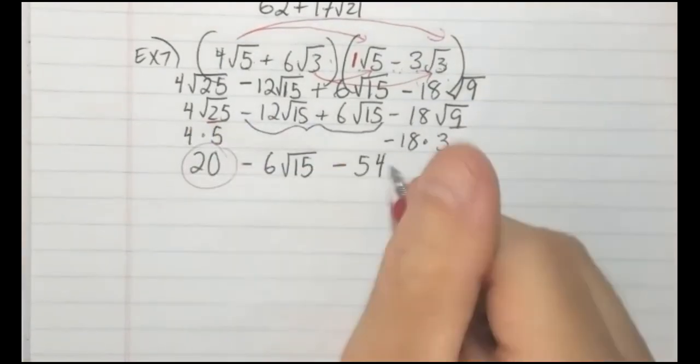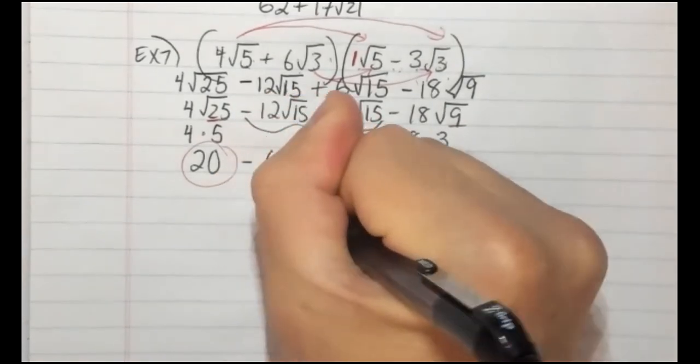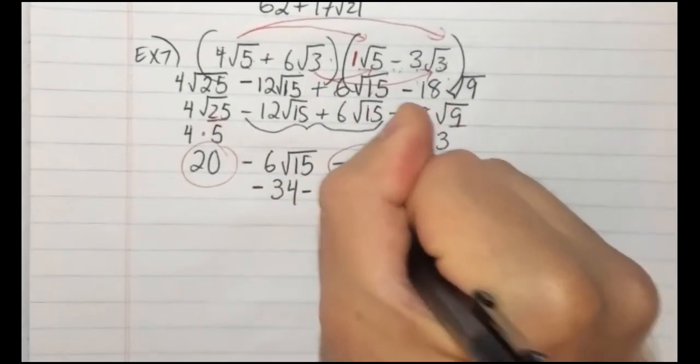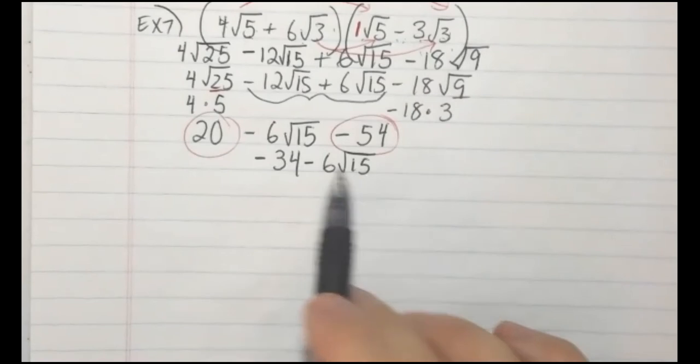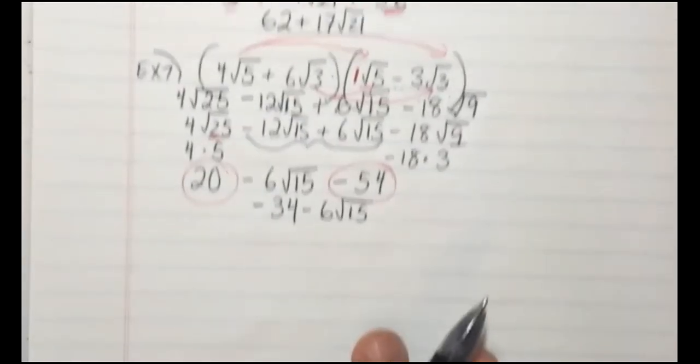So I can combine 20 minus 54. 20 take away 54 is going to give me a negative 34. And then I just move that negative 6 square root of 15 behind it. And I stop there because this does not have a radical. That's pretty much all I can do.